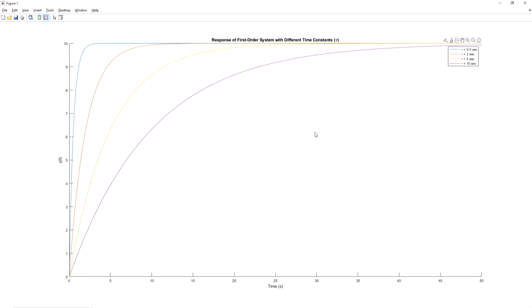So we observe here we get different responses for different values of tau. Now let me explain the figure here.